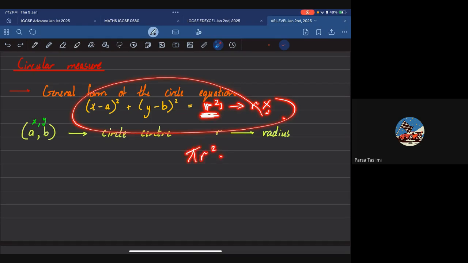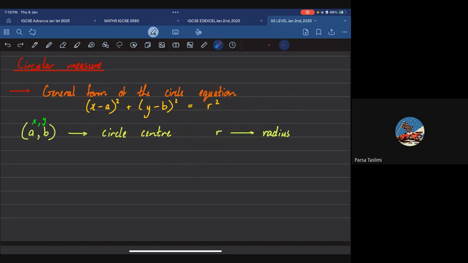But technically, whatever r squared is written in your circle equation, you have to directly put it in the formula for area. Why? Because r squared has already been provided in the circle equation. Whereas if you mistake it for simply r and square it, that's just going to cause issues for you. Is this clear?